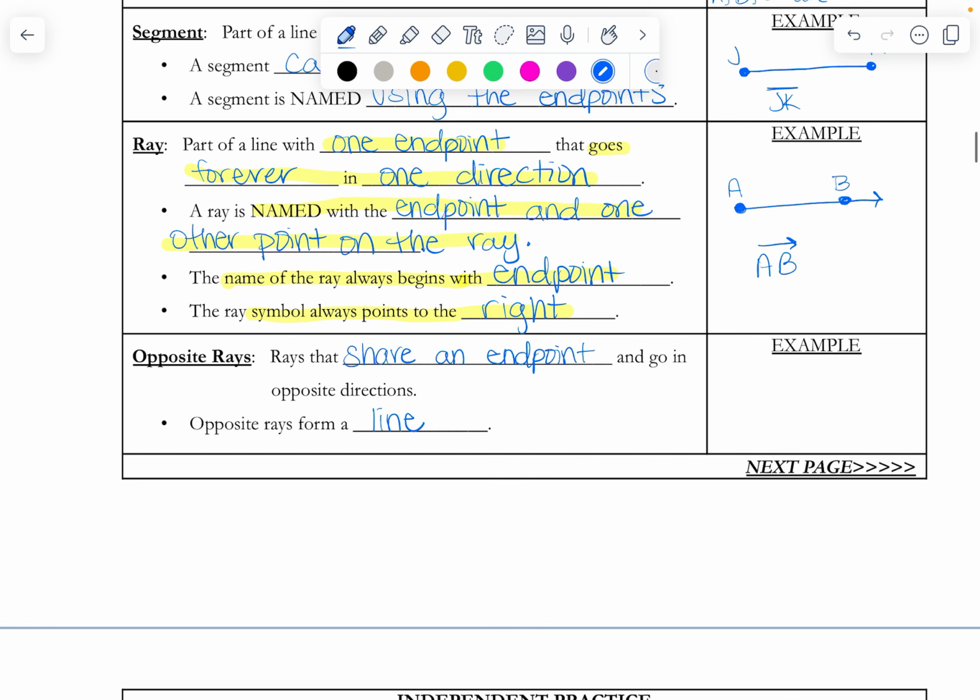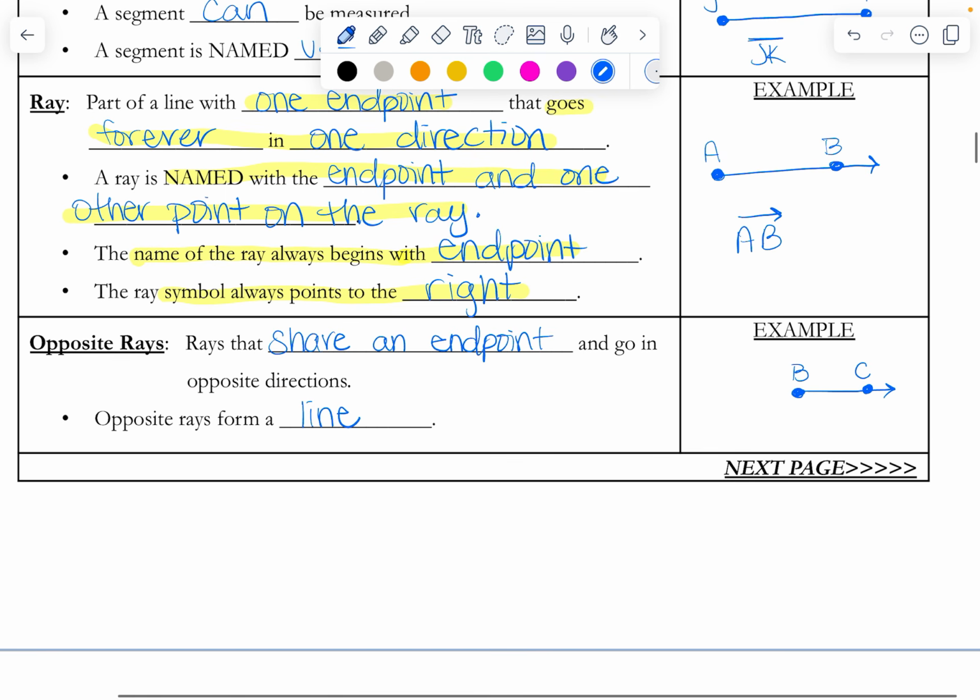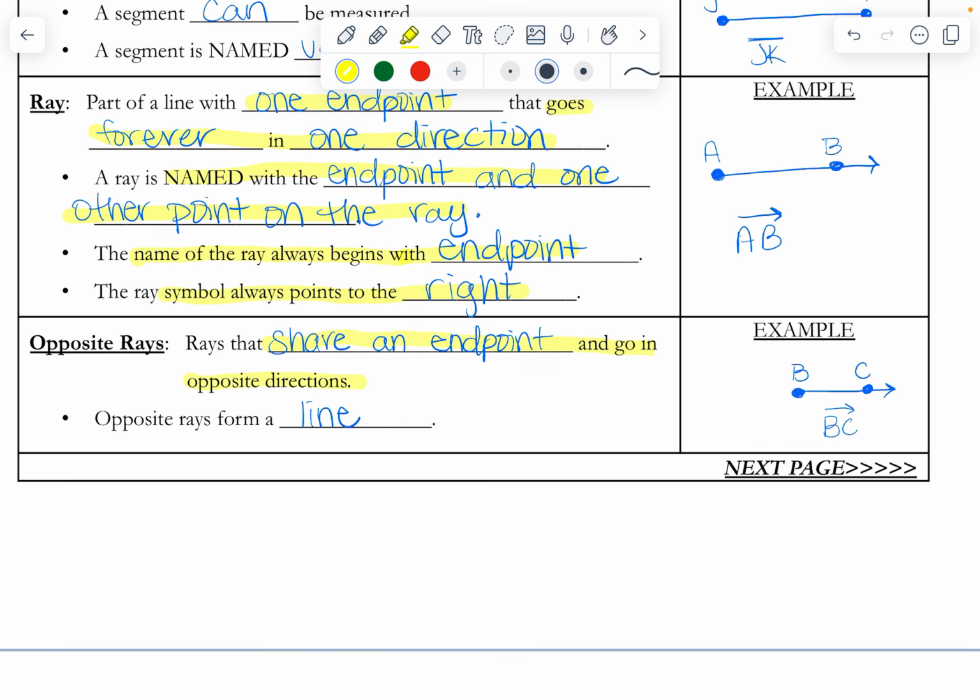Okay, so let's make an example here. I'm going to make one array going this way. We will put another point here for naming sake. Let's put this as BC. So this array is array BC. Now, to make an opposite array, they must share an endpoint and go in opposite directions.